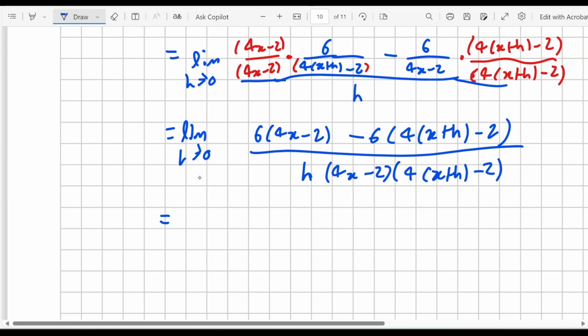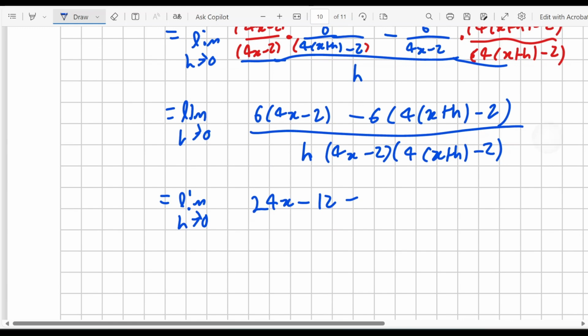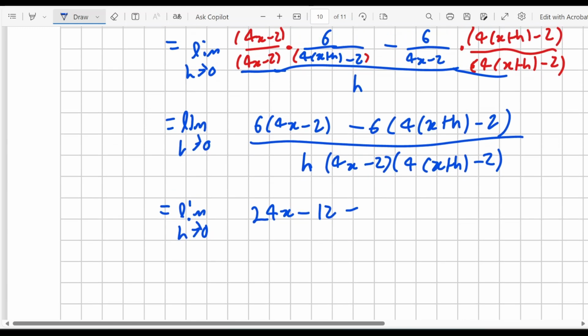All right, now we can expand. So the limit as h goes to 0, 24x take 12, take 6 into 4 lots of x plus h take 2. So I might actually leave this out the front as 6, and then we're going to call this 4x plus 4h take 2. We'll have to just do another step expanding that in.